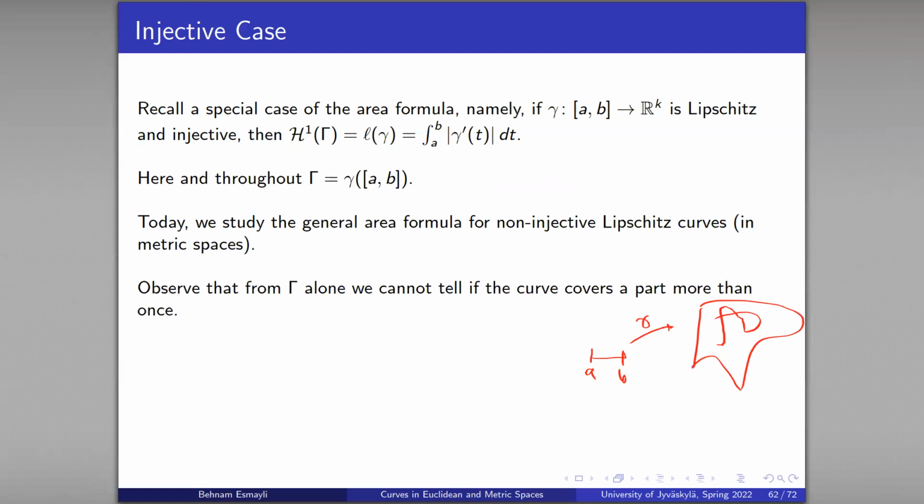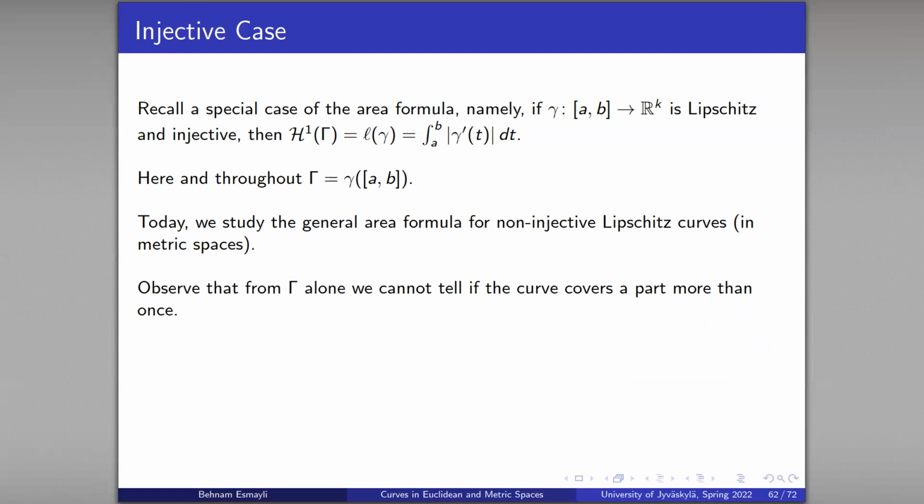And the point here again is that if you look at just the image of a curve, you cannot tell if part of a curve has been covered once or twice. Take, for example, just the circle in R2. By looking at the circle, you can't say if this comes from a parameterization that runs only once along the perimeter of the circle, or maybe it does it twice.